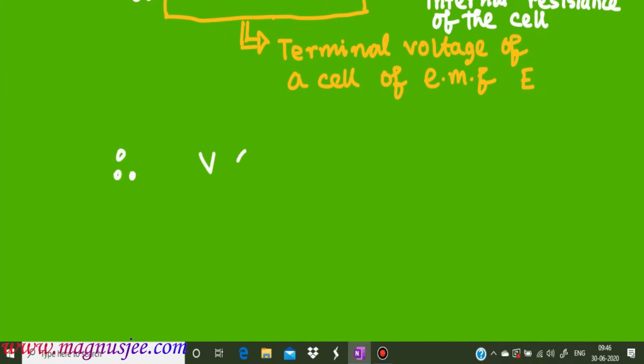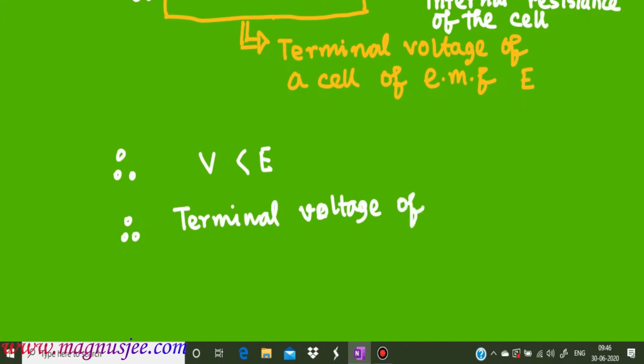Therefore, V is less than E, that means terminal voltage is less than EMF of the cell during discharging of the cell. Discharging means charge will be drawn from that cell, means current is drawn from the cell.